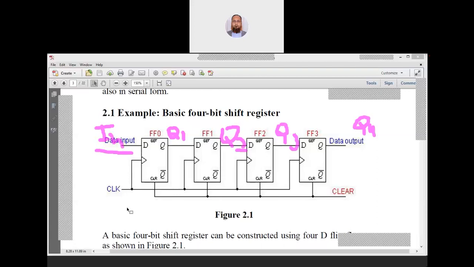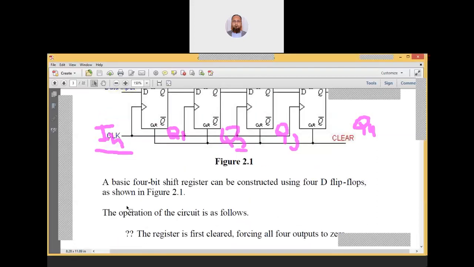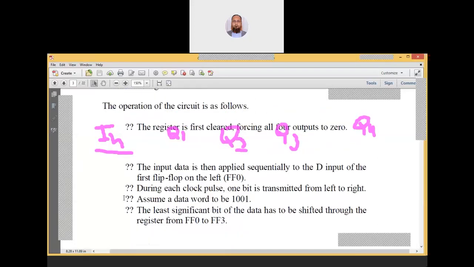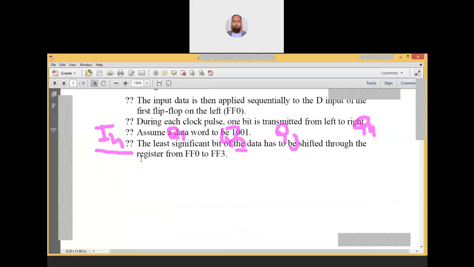So how can we show this operation? The inputs are IN, and Q1, Q2, Q3, and Q4 are outputs as well. So input is only IN and the others are outputs.